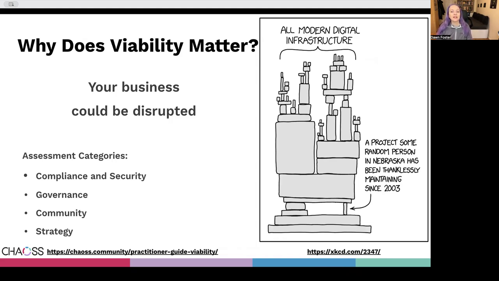This can include products that are built on top of an open source technology, or where those open source projects are integrated into your products or your infrastructure. If you couldn't easily swap that project or technology out with a drop-in replacement of something very similar, you should be assessing the viability of that project and understanding any risks that might come with it.